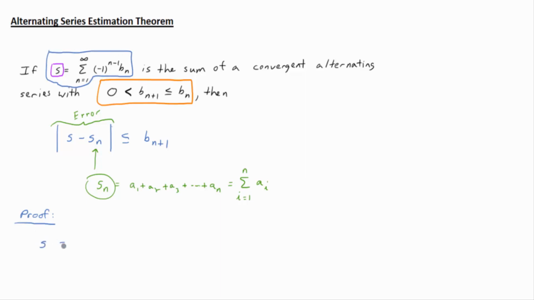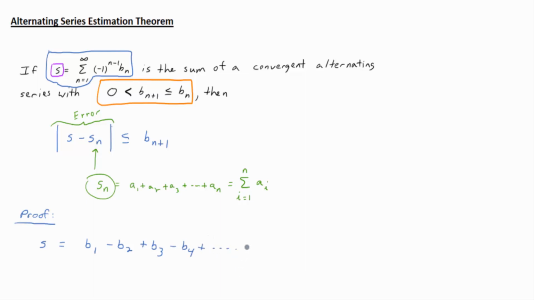S is equal to, it's just the way I have it starting with b1, the first term positive, so it'd be b1 minus b2 plus b3 minus b4, isn't this exciting, plus dot, dot, dot.